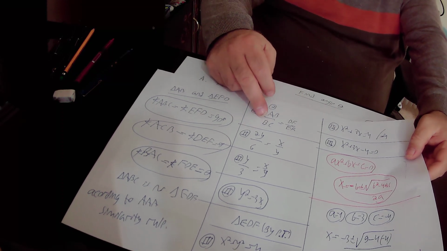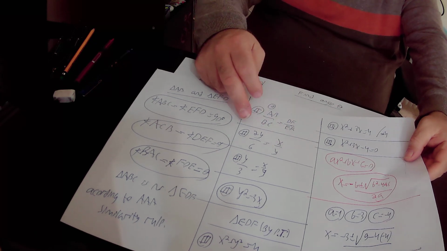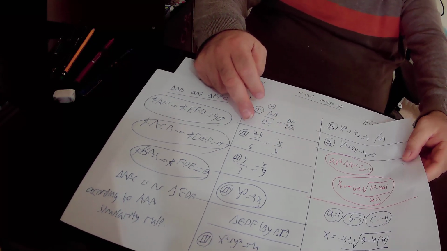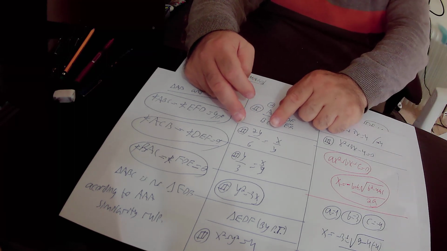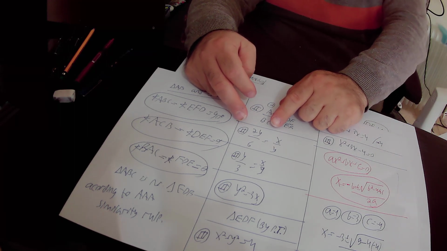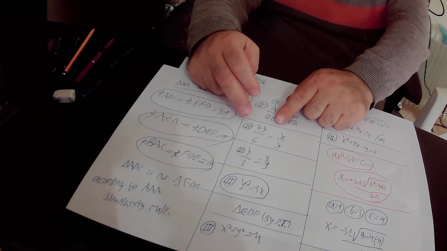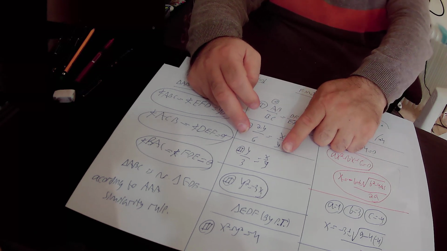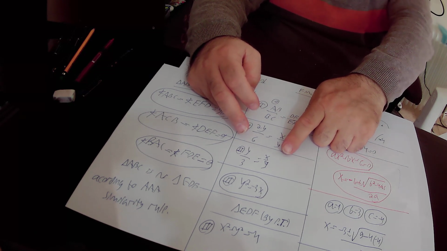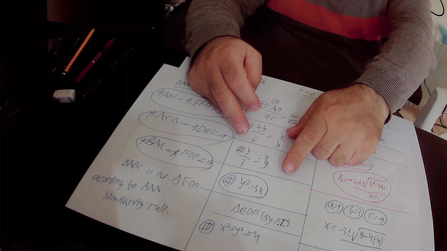AB equals 2Y, BC equals 6, DF equals X, and EF equals Y. So in conclusion, we found out that 2Y over 6 equals X over Y. Here we divided both the numerator and the denominator of this side of equation number 2 by 2, and we got that 2Y over 2 is Y, and 6 over 2 is 3. So Y over 3 equals X over Y. We multiplied this equation, and found out that Y squared equals 3X.